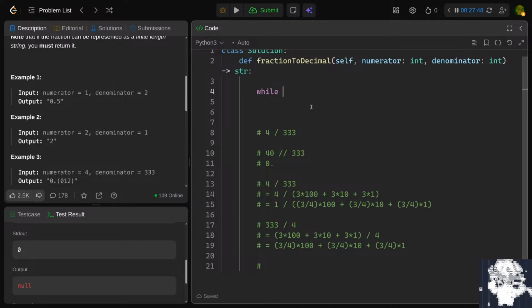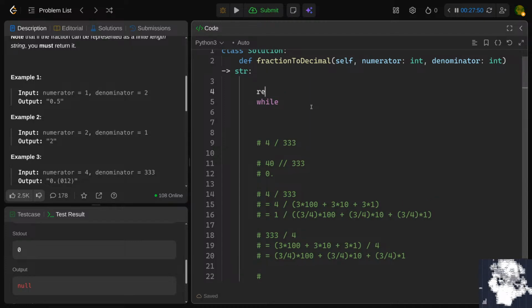Let's just call it result equals, we'll start it at 1. While result times denominator is not equal to numerator. That's what I want, but what I need is a precision.